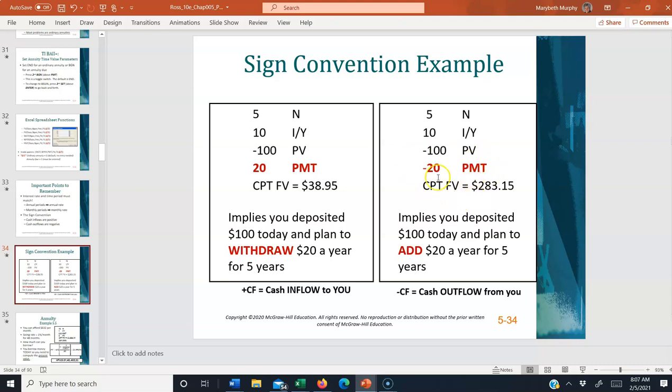In this one, we're putting more in, so the total value should be greater than our investment. We're investing $20 a year for 5 years, so that's 100 plus the initial 100, so we're putting in 200. With interest, we now have 283.15.